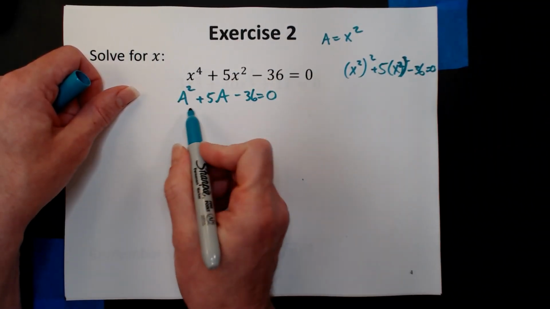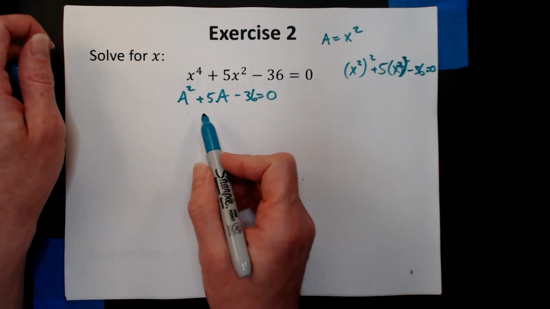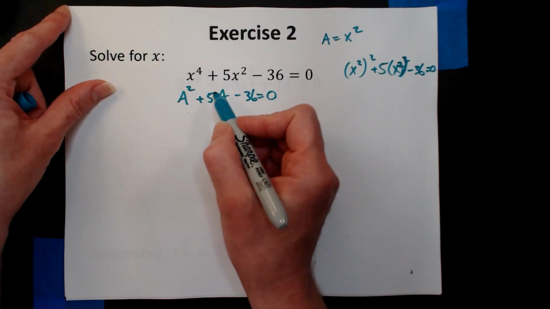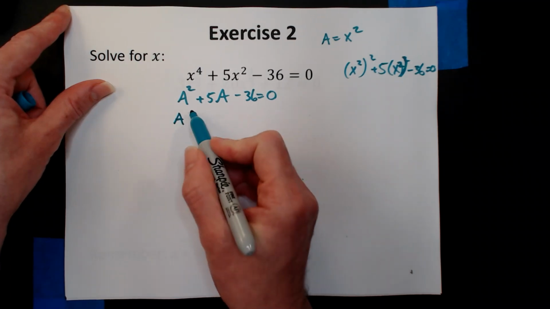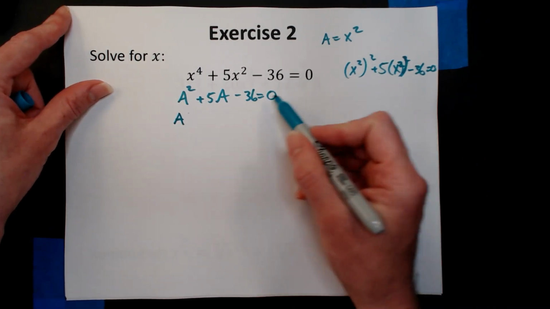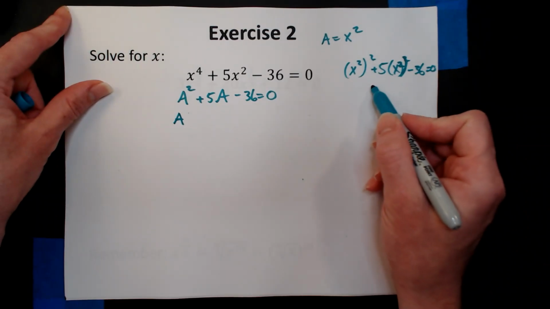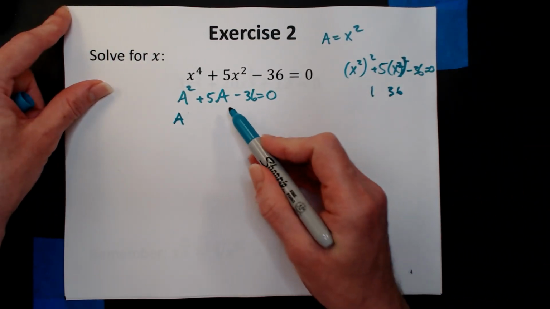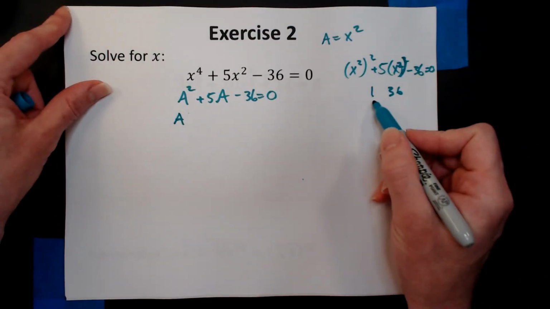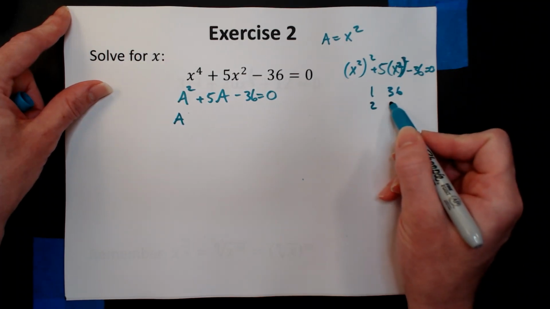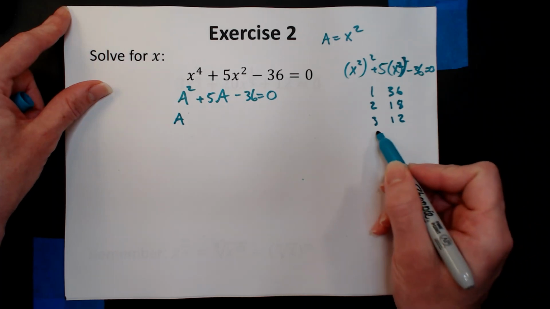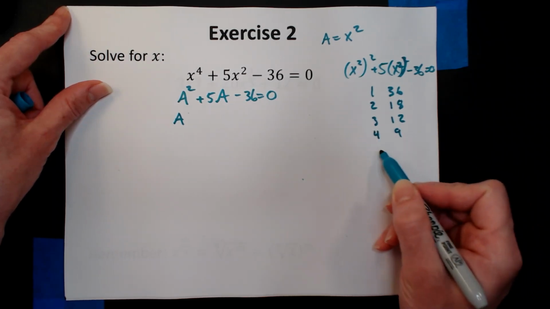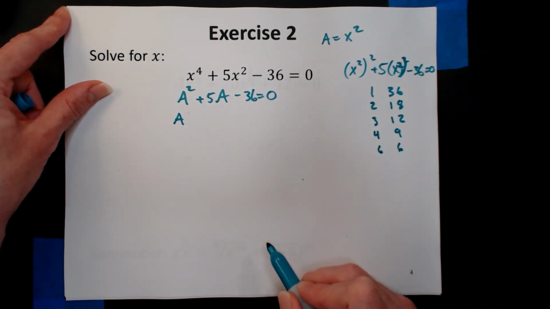I'm going to do a because I think when walking through this the first time, most students appreciate that best. So looking at this, I need 2 things that have a difference of 5 and multiply to give me 36. So it's going to be 2 and 18, 3 and 12, 4 and 9, and 6 and 6.